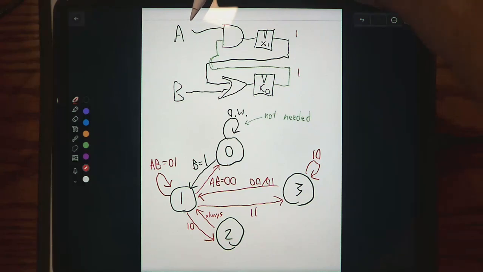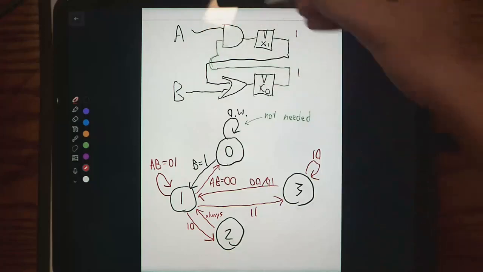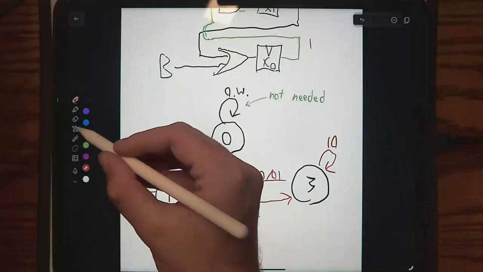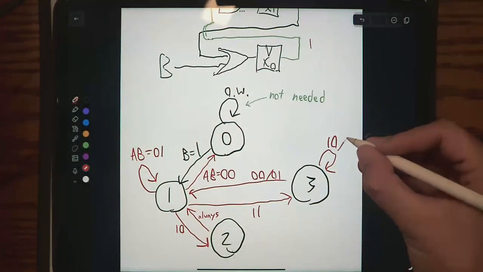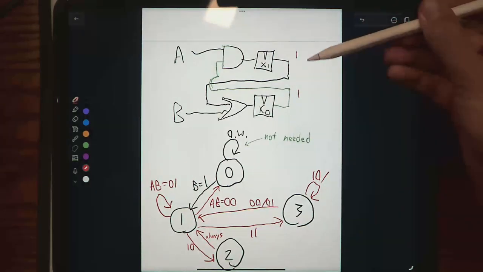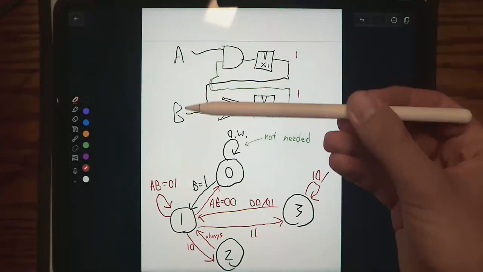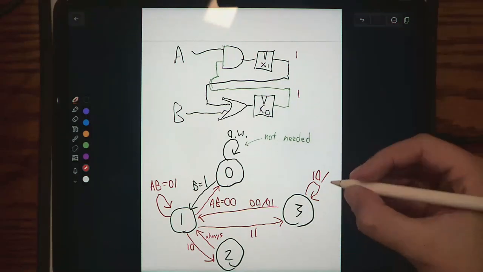So if we feed in the input 1, 1, then our next state will once again stay at 3. So I'll put a little slash here. If we are currently storing 1, 1, and we also take in 1, 1, then the next state will definitely stay at 1, 1.